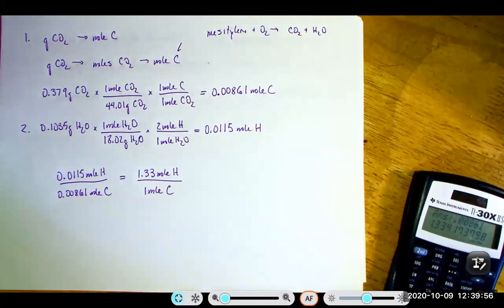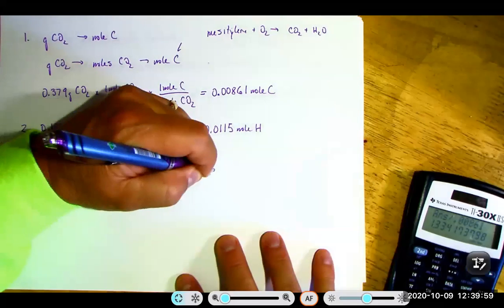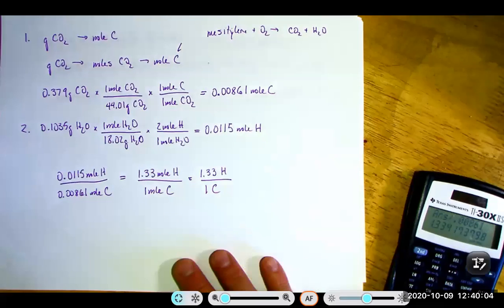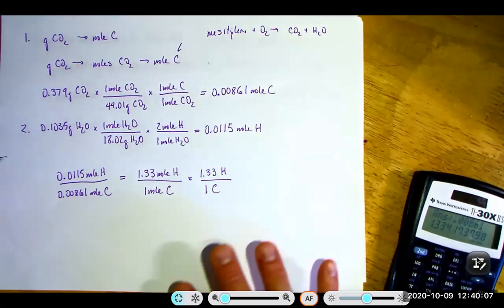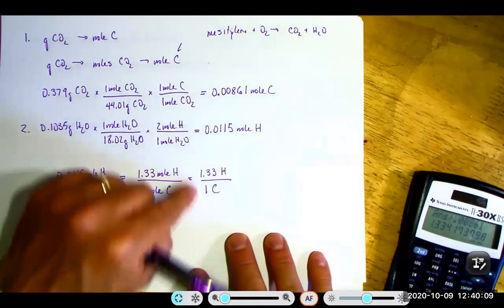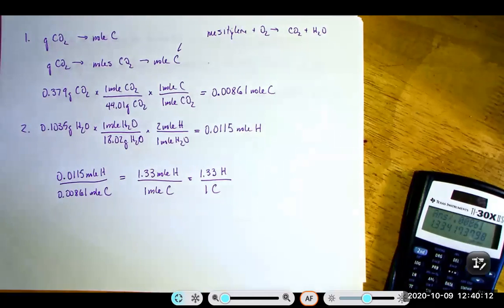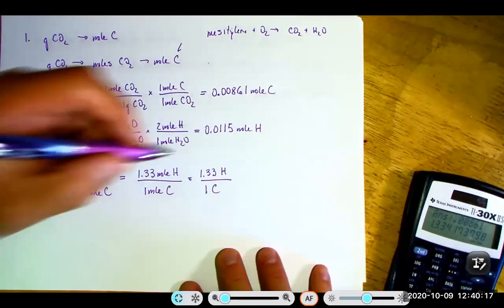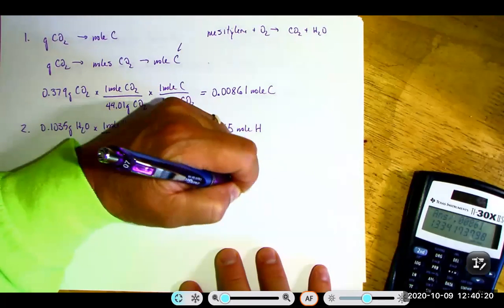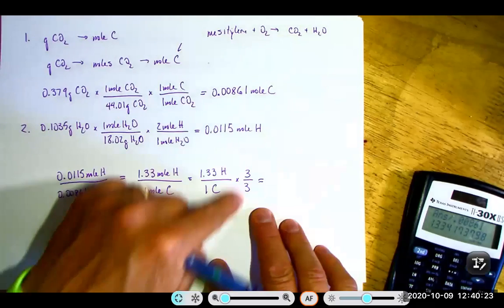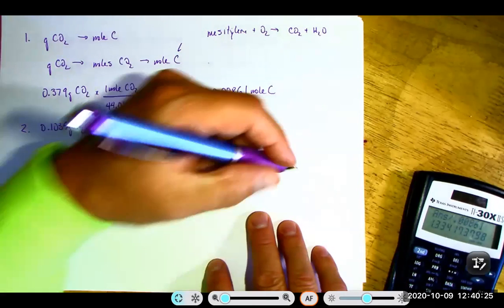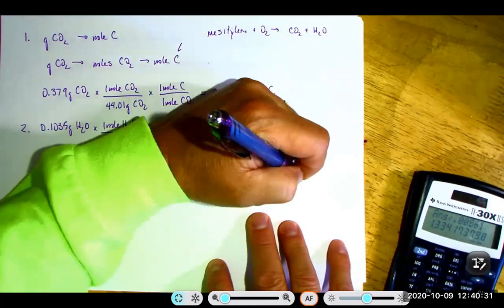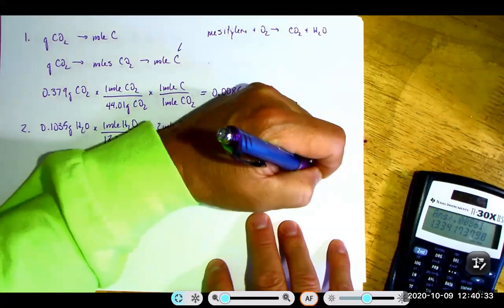So this is also equal to 1.33 hydrogens per 1 carbon, because a mole ratio and an atom ratio is the same thing. So we know that we don't want to have a fraction, and 1.33 seems really far away from 1 to just round it. It doesn't seem fair. However, we can keep the same ratio, and I'm going to multiply the top by 3 and the bottom by 3. On the top we get 4 hydrogens, and on the bottom we get 3 carbons. And so our formula ends up being C3H4.